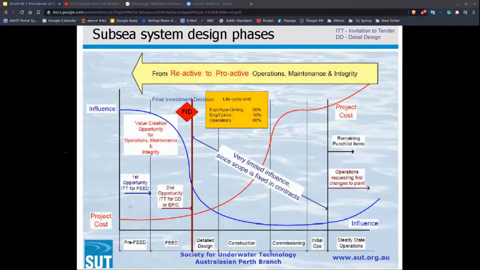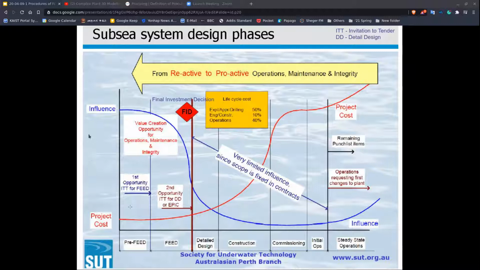The project cost goes up after the contract, because this is where the real engineering starts to occur. This is what it looks like in a linear fashion. There are detailed design, construction, commissioning, initial operation, and then steady state operation.